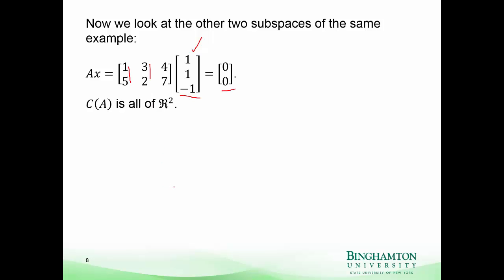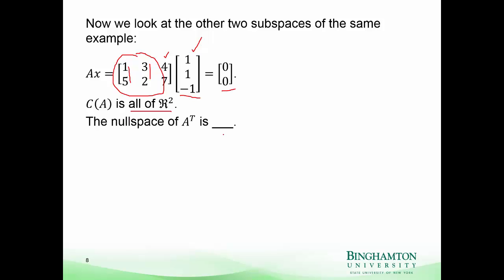We only need 2 linearly independent vectors to span all of R2. So even though the third column is linearly dependent on the first 2, we've got 2 linearly independent ones, so we are spanning all of R2 with the column space.